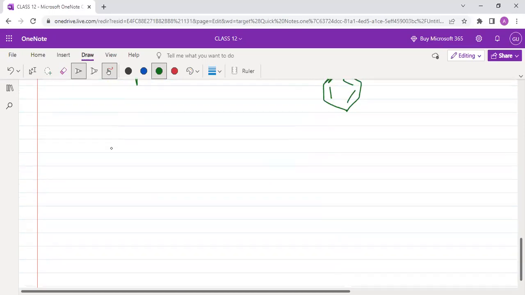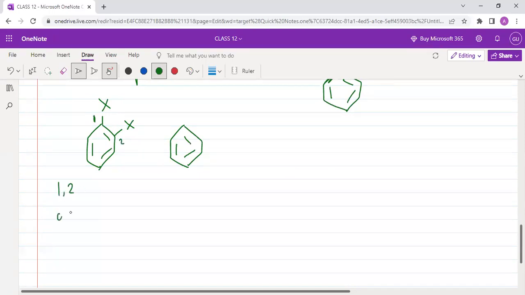Now, if I talk about dihaloarenes, haloarenes are those in which the halogen is directly attached to the benzene ring. First position, this is your second position. So the 1, 2 position is called ortho. These are ortho to each other.